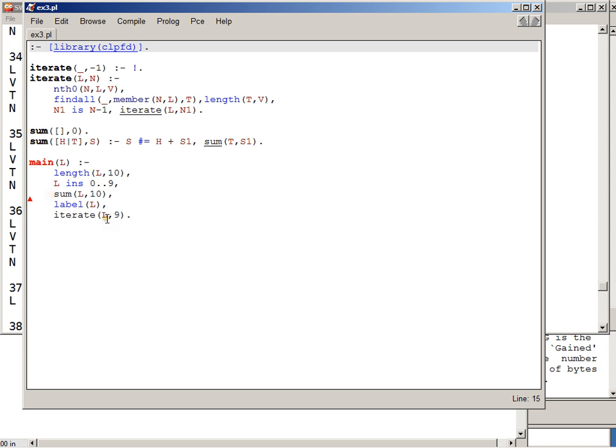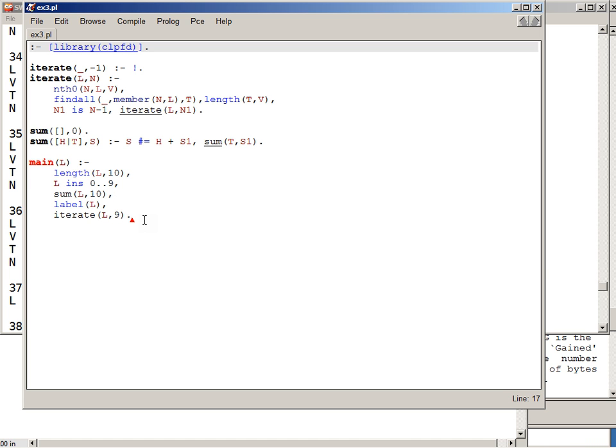Then this is redundant, but will speed up the search. So we'll see what happens if we remove it. It will help us generate more combinations. We have a bit of trouble. It would be nice if we could put the label after iterate, and if iterate was completely constraint based.